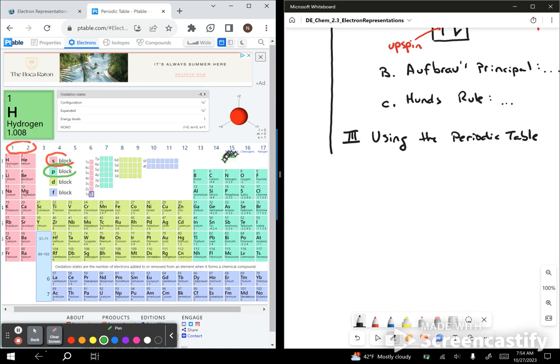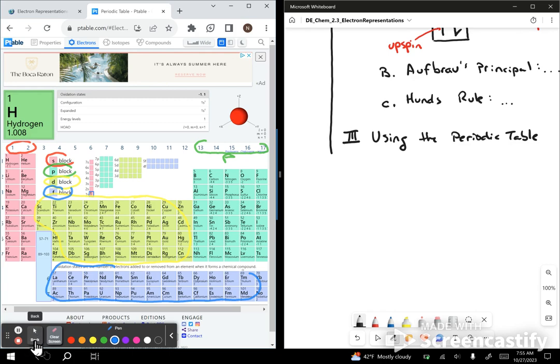This is your P block. It's going to be 13 to 17, right? You have your D block. Okay, this is your D block over here. Letter D. And then you have your F block, which is over here. And this is your F block.